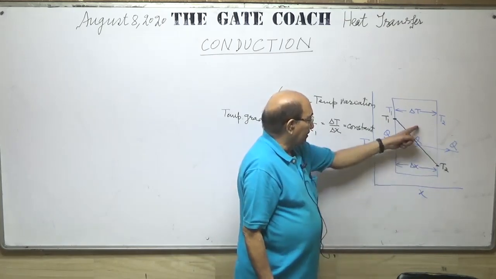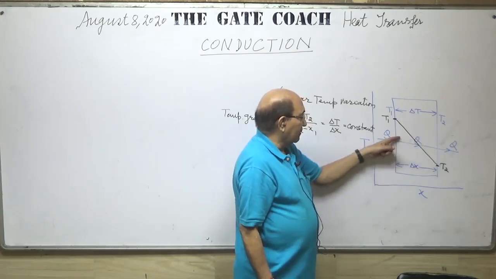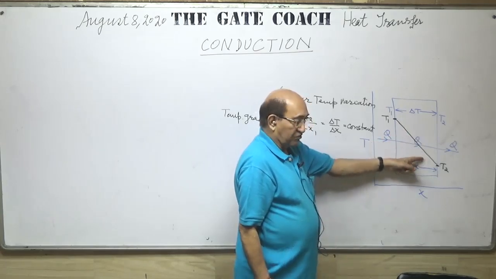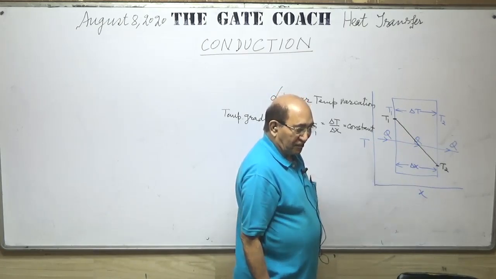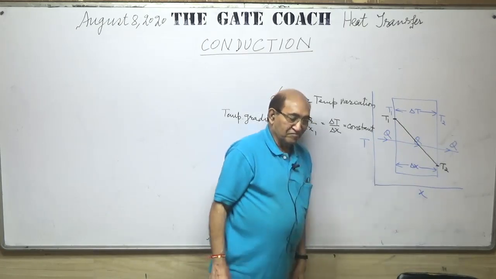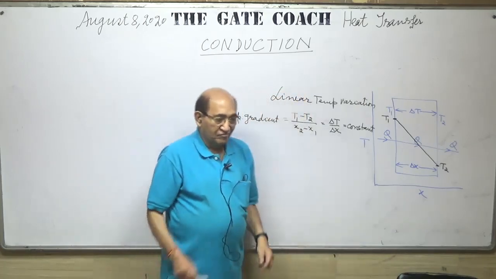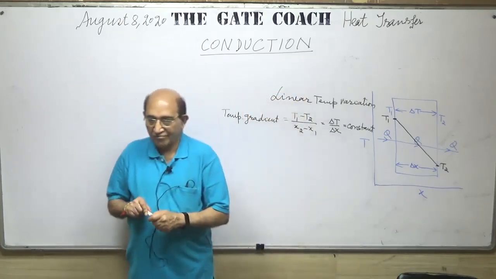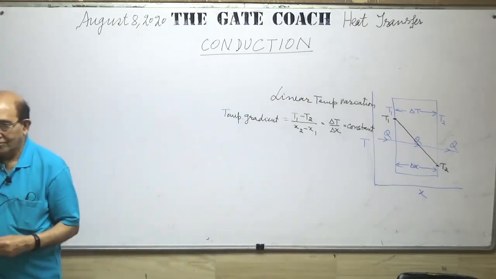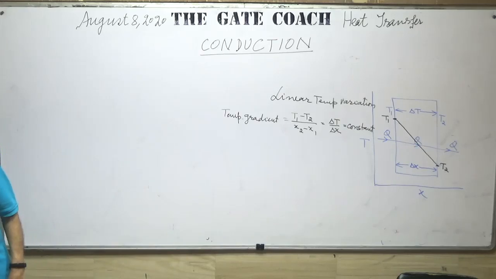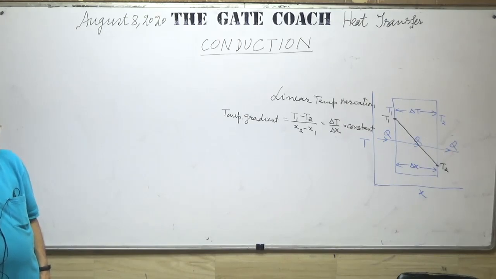And you find that it is lying in second and fourth quadrant. Second and fourth quadrant, tangent is always negative. Okay.